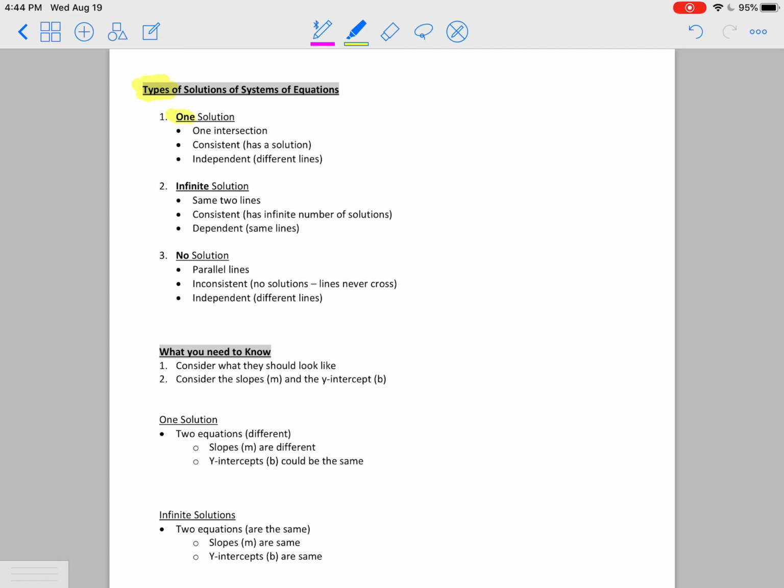One type of solution is simply what we call one solution. And that really just means one intersection. If we were to draw a little sketch here, we've got one line here, and let's say we've got one line here.